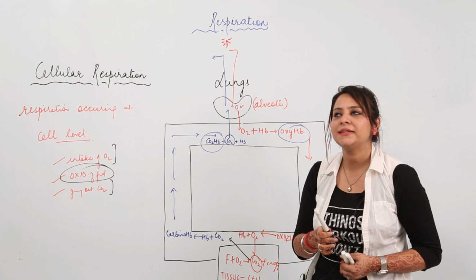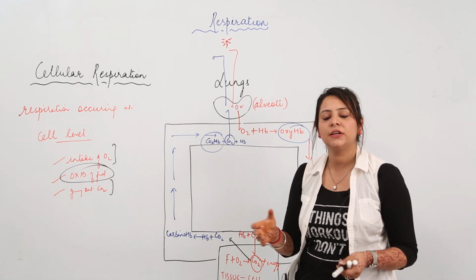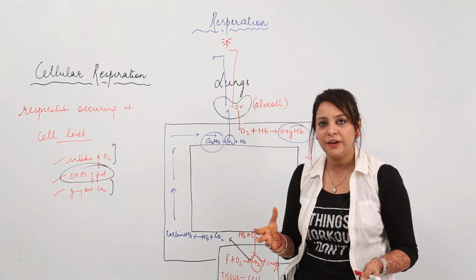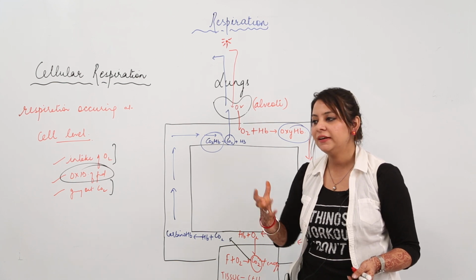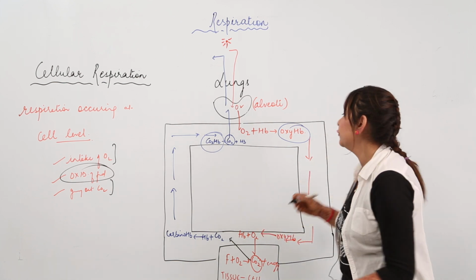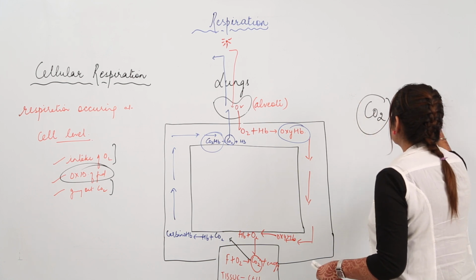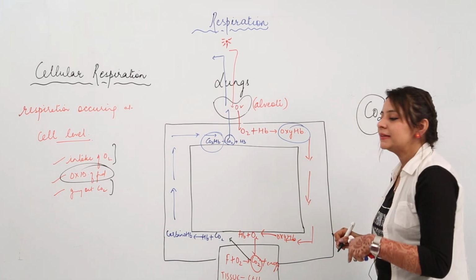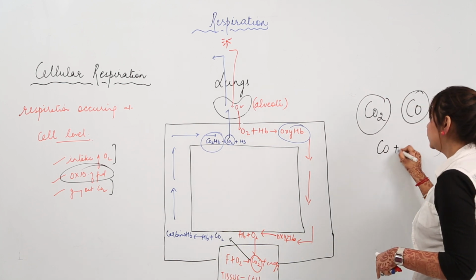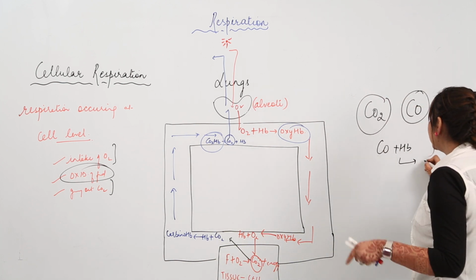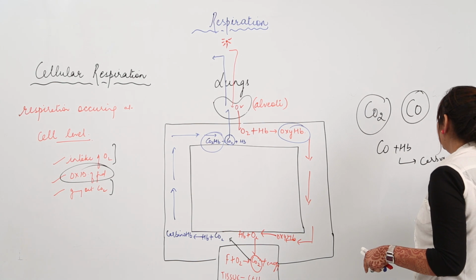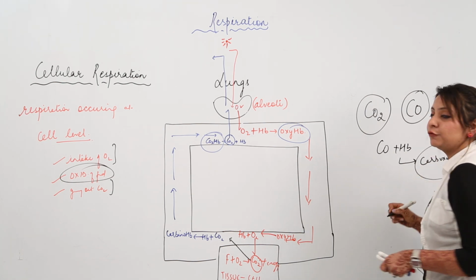But sometimes you must have heard that incomplete combustion of fuel is very dangerous, because instead of liberating CO2, it liberates carbon monoxide. So when you inhale this carbon monoxide, it again combines with hemoglobin, forming a defective complex, that is carboxyhemoglobin. This complex is defective.